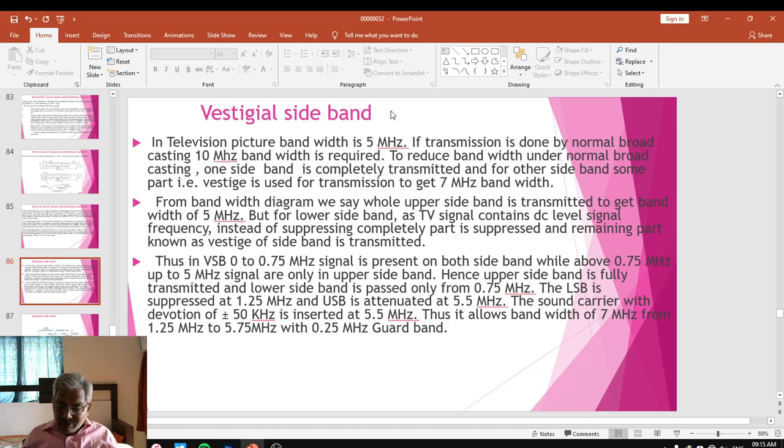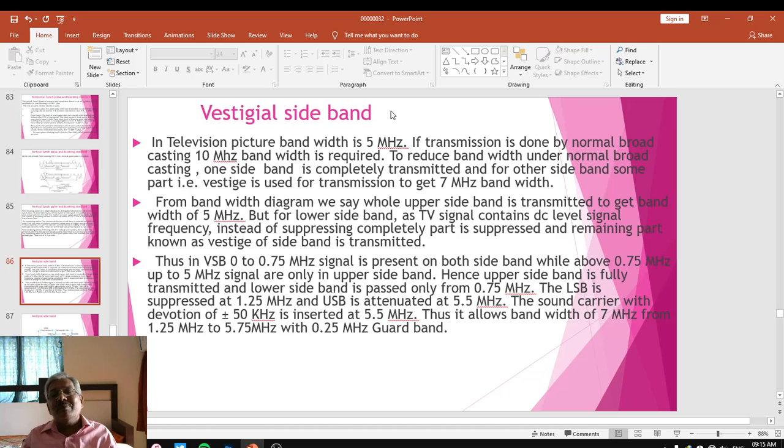Friends, in this particular aspect, the entire 5 MHz upper band is transmitted, but at 5.5 MHz the sound carrier is introduced, and the lower sideband is considered from 1.25 MHz.